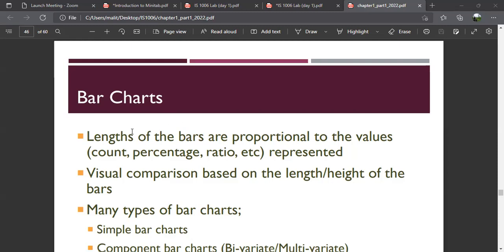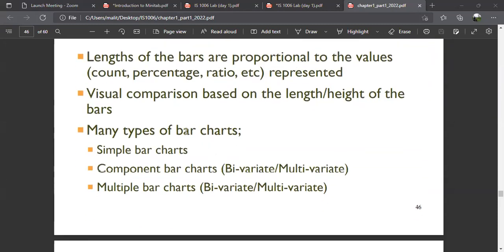So in bar charts, the length of the bars is proportional to the values, right? Values mean the count, percentage, ratios, etc. There are mainly three bar charts: simple bar charts, component bar charts, and multiple bar charts. Simple bar charts belong to the category I previously told you about, among the five different categories.